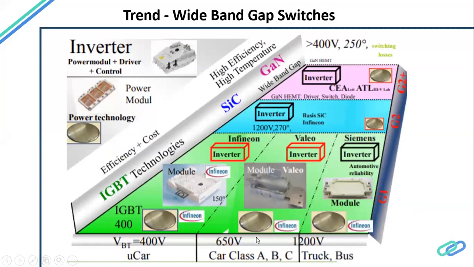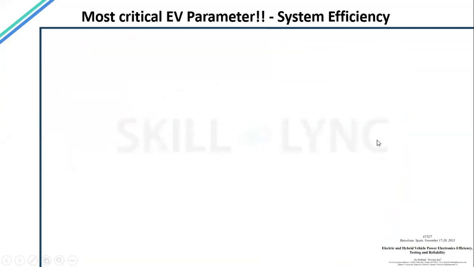So this is the overall trend you can see: definitely SiC or GaN are the way forward. You can see the voltage is also much better, and the efficiencies and temperature sustainability of the wide bandgap switches are much higher. So we are moving slowly towards that region.